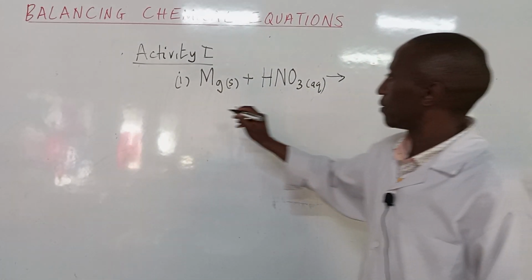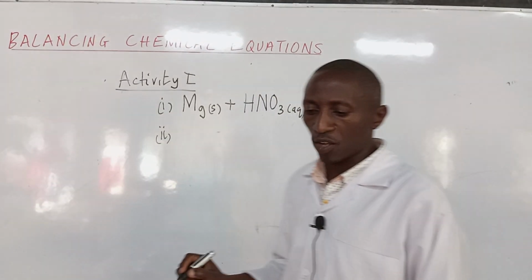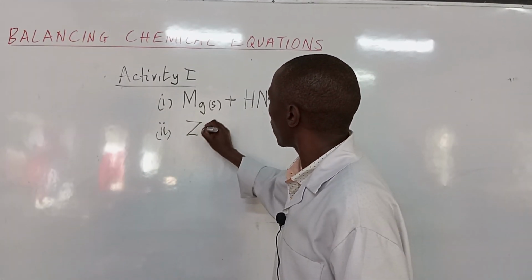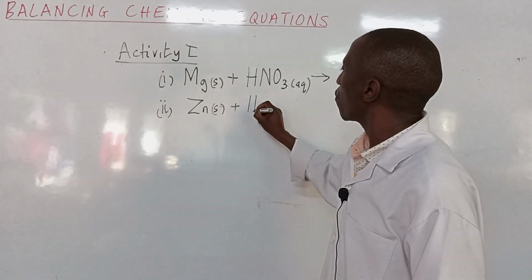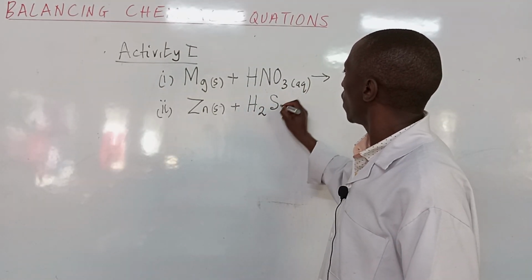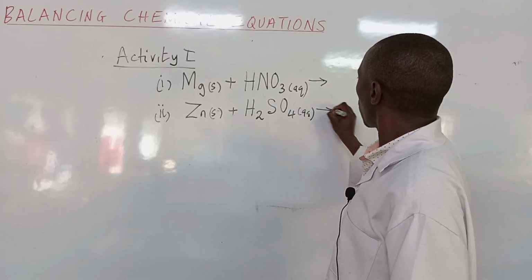What do we get? Number 2, the equation of zinc solid and dilute sulfuric acid, H2SO4, aqueous. What do we get?